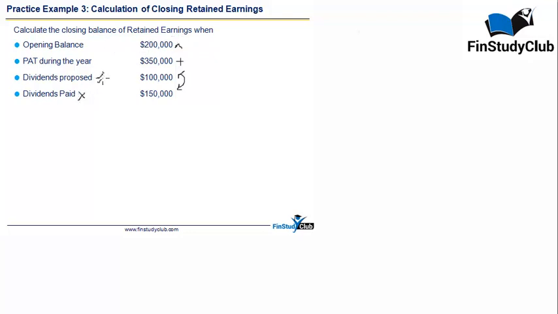I will always consider dividend proposed. Of course, if it is just written dividend paid, then I will assume that this must be equal to proposed. If it is just written dividend proposed and no other figure is written, then I will assume that it is equal to paid. But in presence of both the information, that's a choice making, and there you will not take paid, you will always prefer the proposed part.